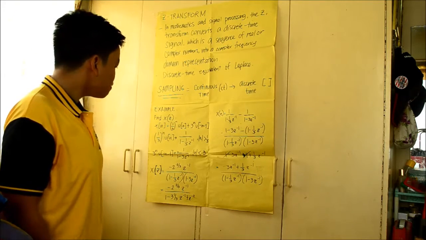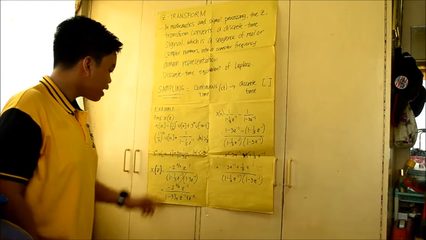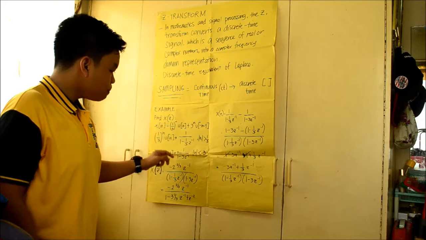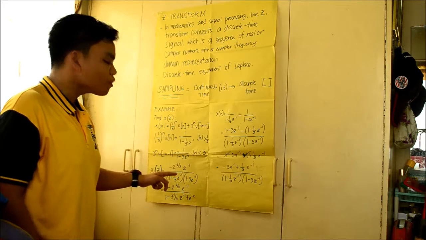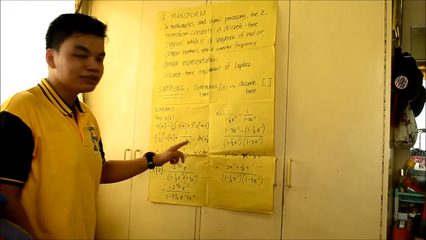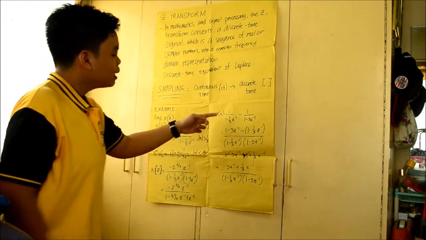Then, this portion, 3 raised to n u times negative n minus 1, will become negative 1 over 1 minus 3z to the negative 1, wherein z is less than 3.